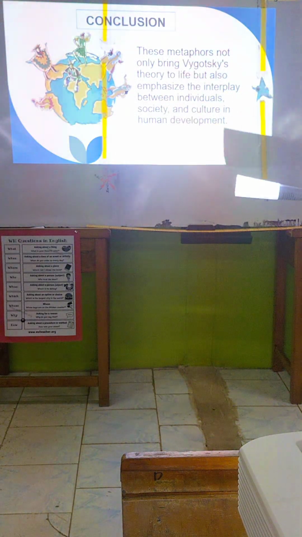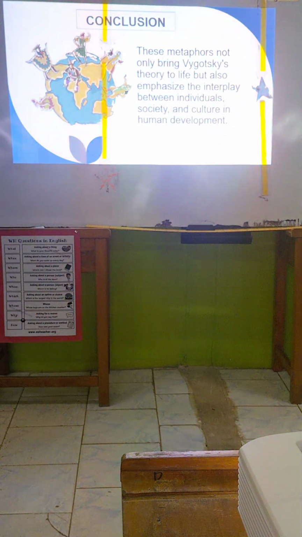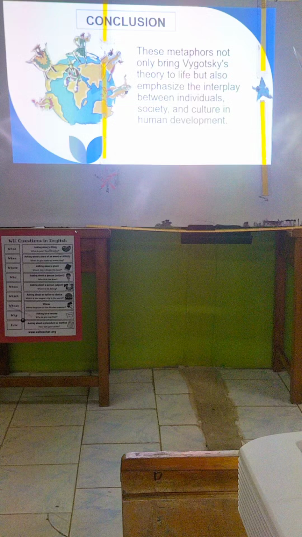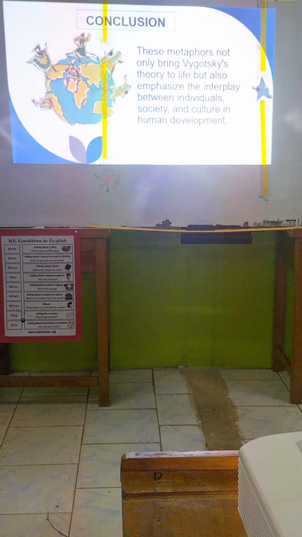To conclude my presentation today, these metaphors not only bring Vygotsky's theory to life, but also emphasize the interplay between individual, society, culture, and human development. So, early childhood development is a rich, interconnected journey fueled by social interaction and cultural influences.